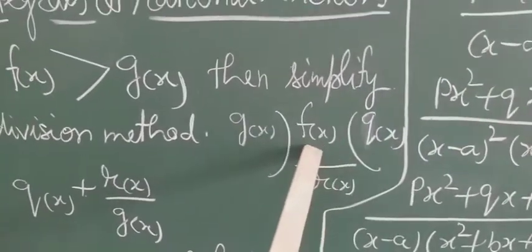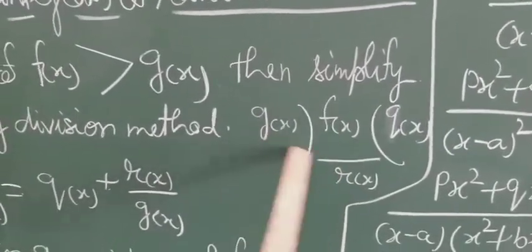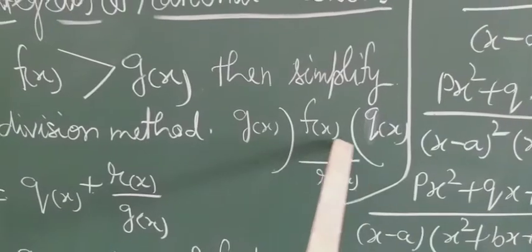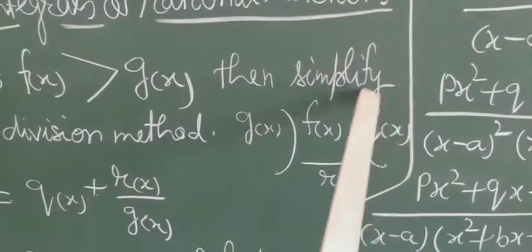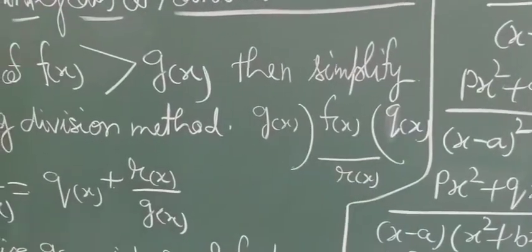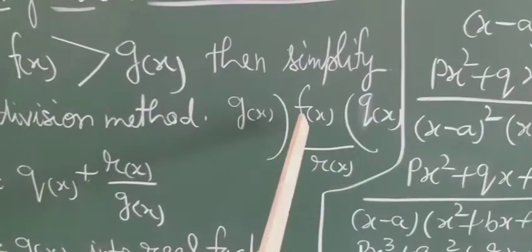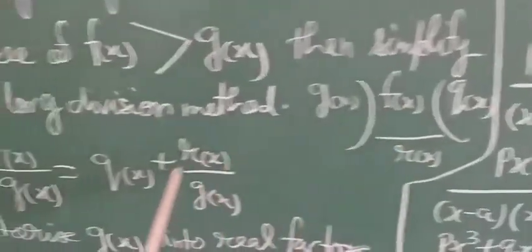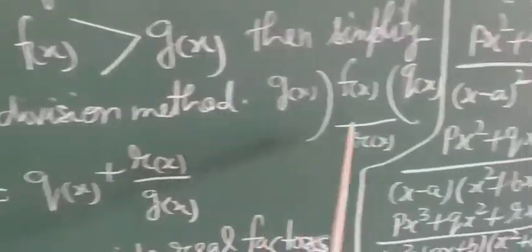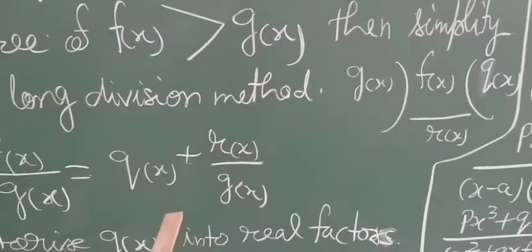This means f(x) is divided by g(x), then we get q(x) and r(x). q(x) is the quotient and r(x) is the remainder. Then we have to write the function in the form q(x) plus r(x) upon g(x).